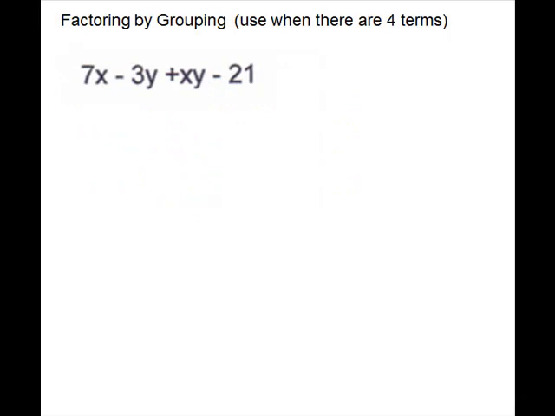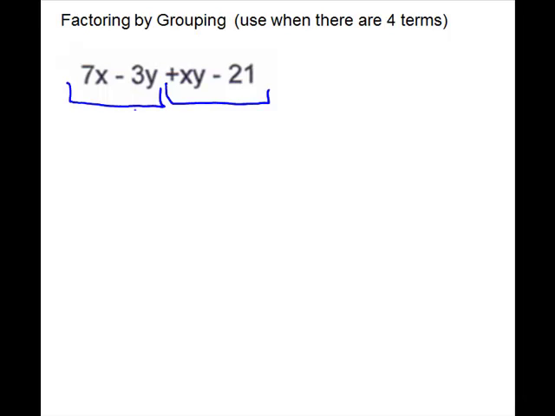For our next problem, it is 4 terms, so we're going to try grouping. When we look at this problem, if we make our groups in order like we've been doing, the problem is there's nothing in common in the first term. So we're going to be stuck. There's nothing in common in the second term.